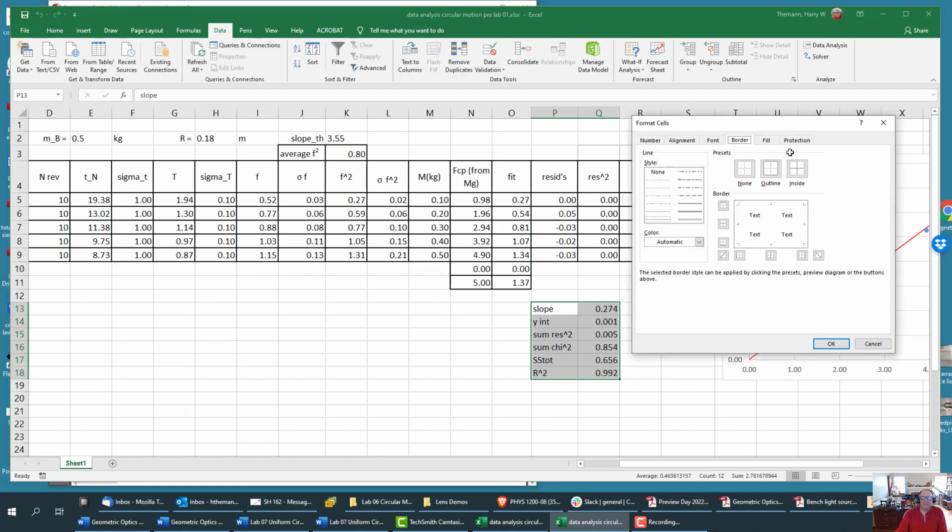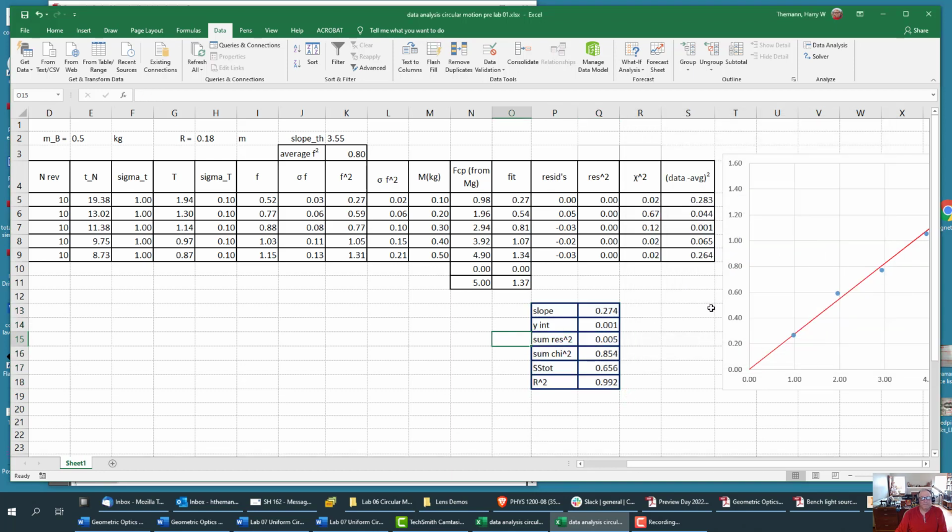And I don't know what's going on here, but in mine anyway, it's making all the lines gray instead of black. I just decided to make it bigger, heavier duty, and there we go.